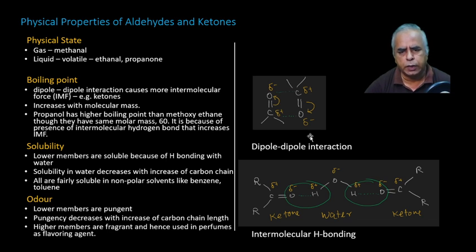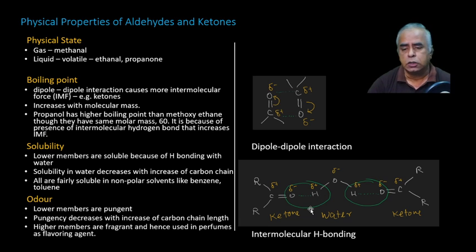Side by side you can explain the dipole-dipole interaction, and the boiling point is high because of this dipole-dipole interaction, as in the case of ketones. And in the case of ketones with water, the solubility increases because of intermolecular hydrogen bonding, because the oxygen of the ketone develops hydrogen bonding with the nearby water molecule.